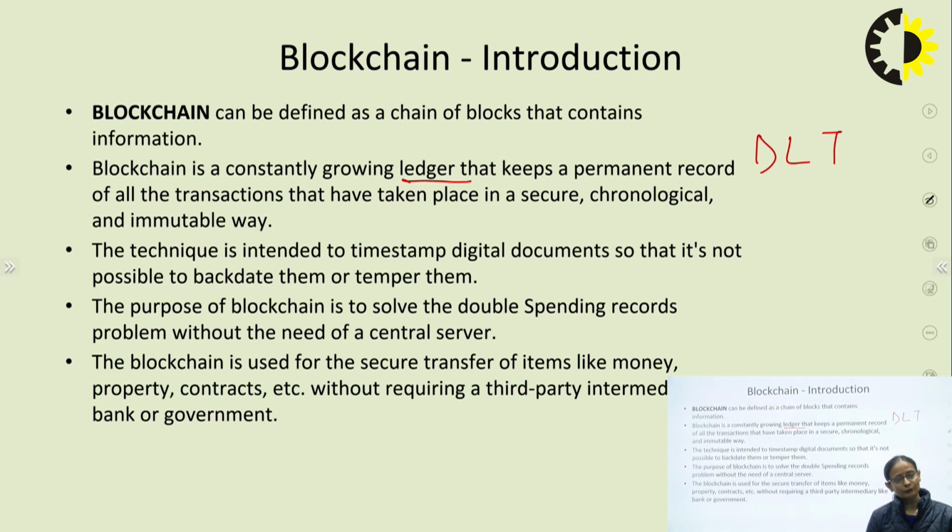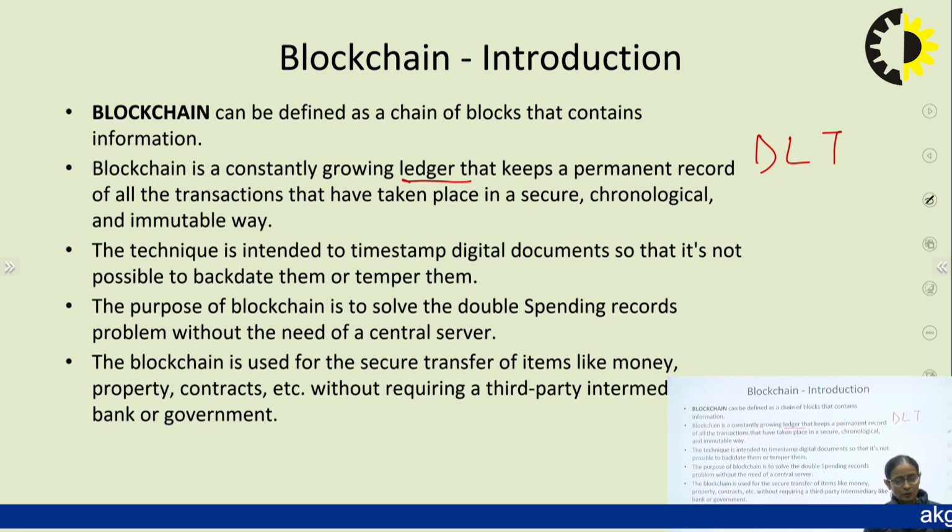And if you have ever looked in a ledger, all the transactions maintained in the ledger are always maintained in chronological order, that is, at what time and what date a particular transaction has taken place. That is also recorded in the ledger.